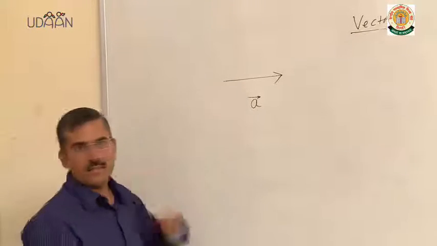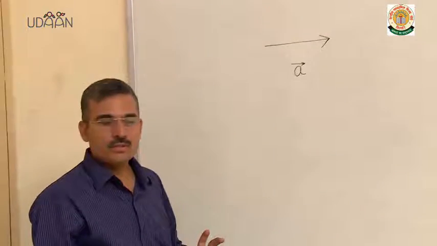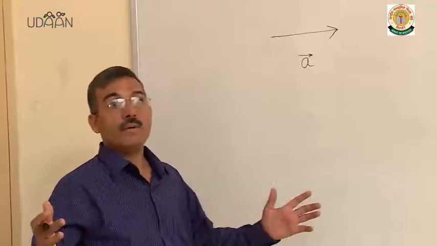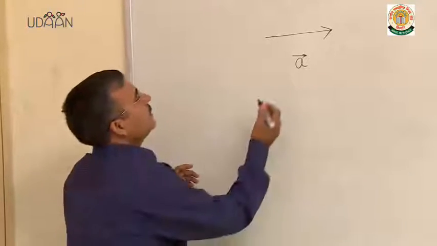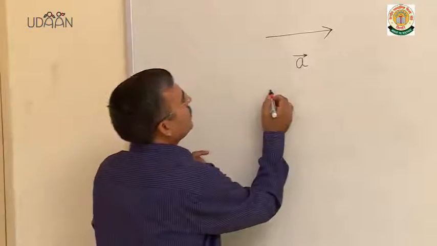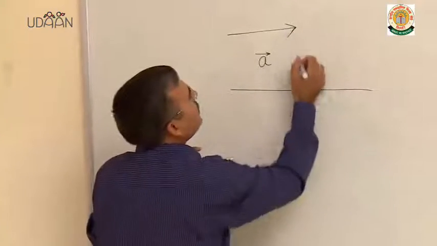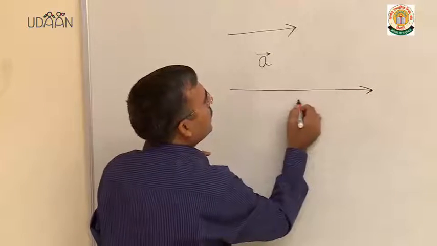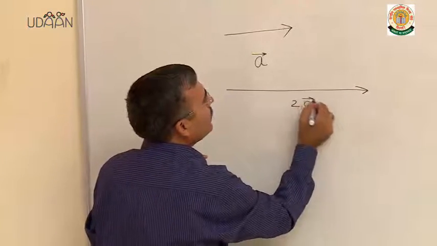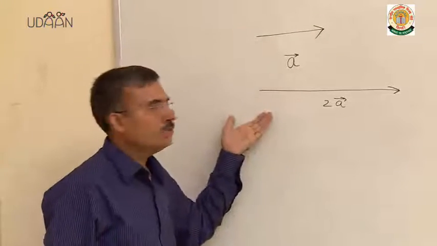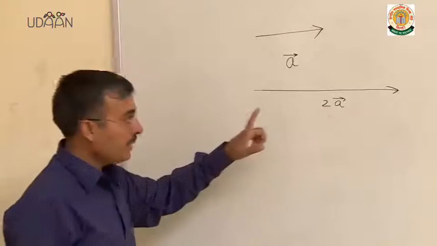Suppose the second vector has double the magnitude and is parallel to it; that will be represented by double the size. It is 2A vector: A vector with double its magnitude, direction the same.